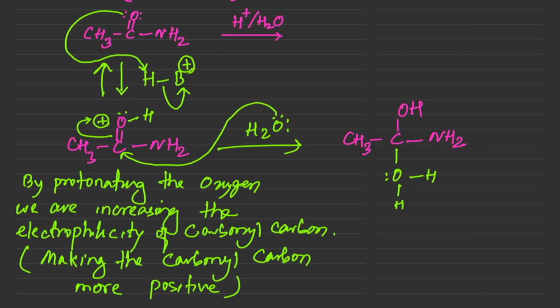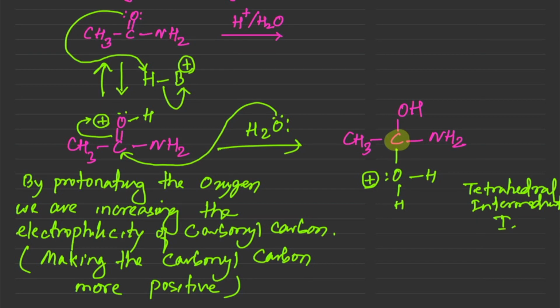Again, oxygen has 3 bonds, so it should have a positive charge. Look at the carbon atom. Now it becomes an sp3 hybridized carbon atom, and when something is sp3, that's tetrahedral. So this is called a tetrahedral intermediate. And we're going to get 3 of these.